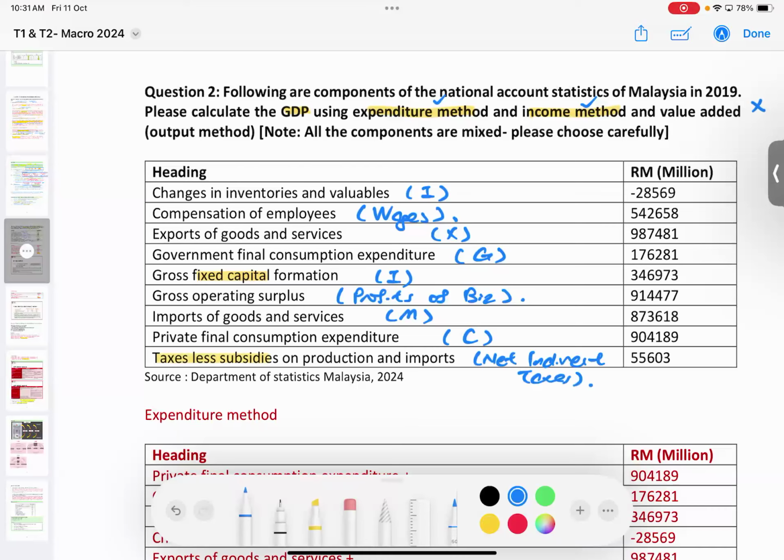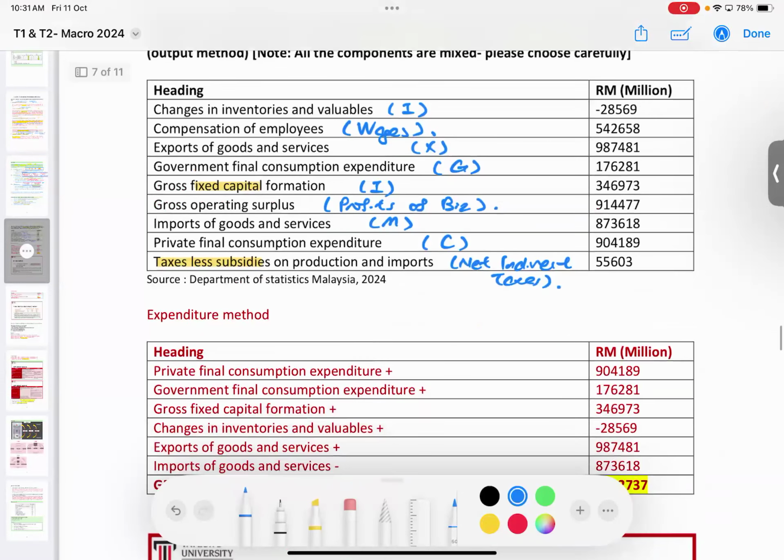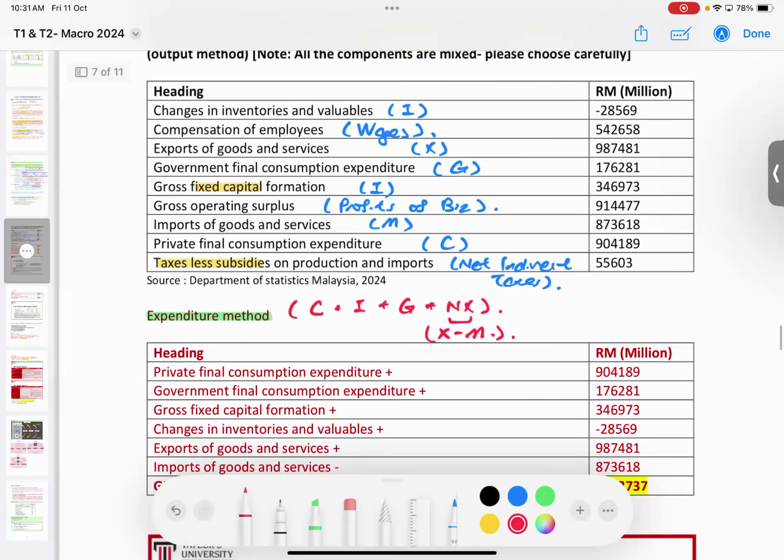Okay, I can show you that it was so easy for you to do now. Let's do the expenditure approach first. What is the formula that I taught you just now? You add up all the consumption, investment, government spending, and net exports. Remember, net exports you use exports minus imports. So you add up investment, exports, and you need to minus imports.